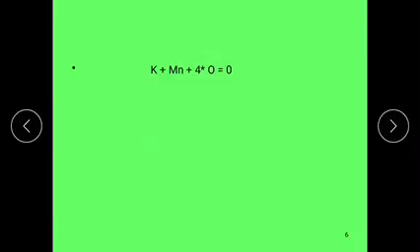Then potassium plus manganese plus 4 into oxygen is equal to 0. Then +1 plus X plus 4 into -2 is equal to 0. Then 1 plus X minus 8 equals 0.